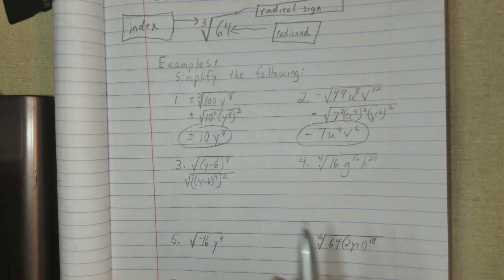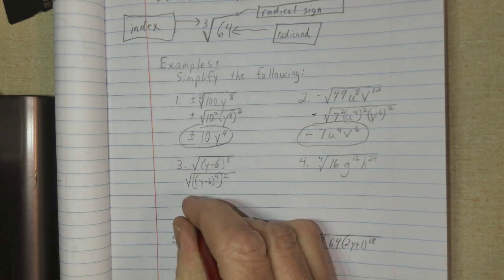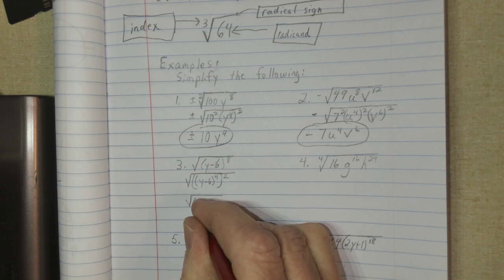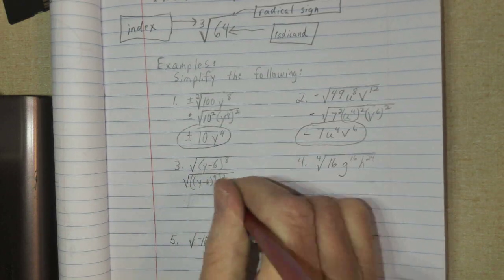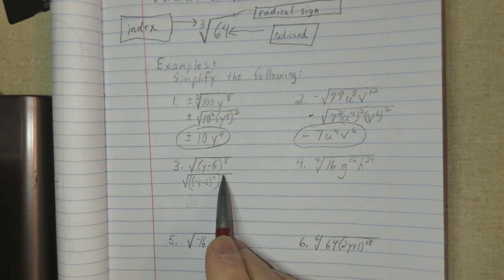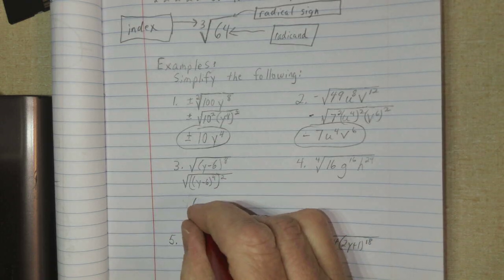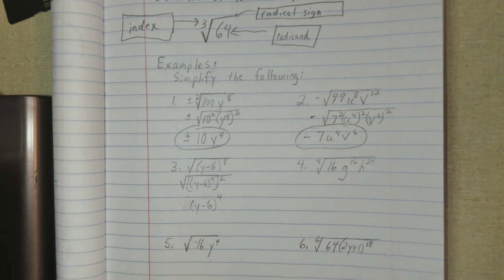And power to a power, we still multiply. 4 times 2 is 8. So I take the square root, and the square root and the square will cancel out. So I have y minus 6 to the 4th power.